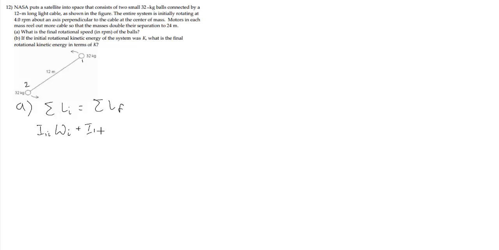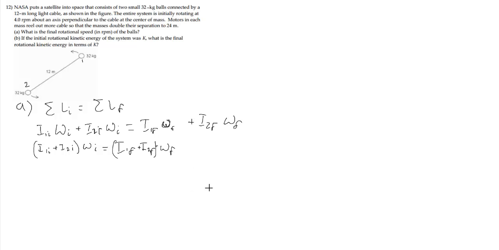Plus I2 initial omega initial is going to be equal to I1 final omega final plus I2 final omega final. And if we want to simplify, which I would, we'll do I1 initial plus I2 initial times omega initial is equal to I1 final plus I2 final omega final.